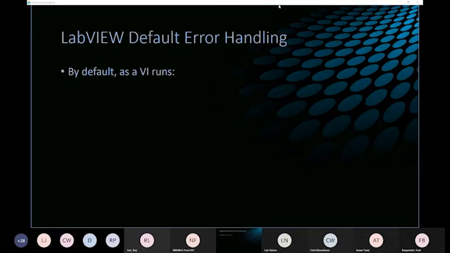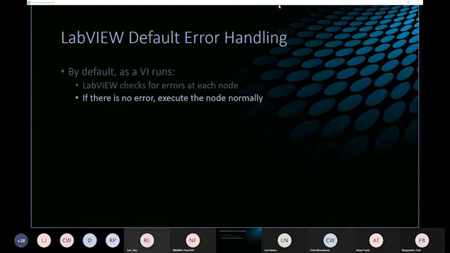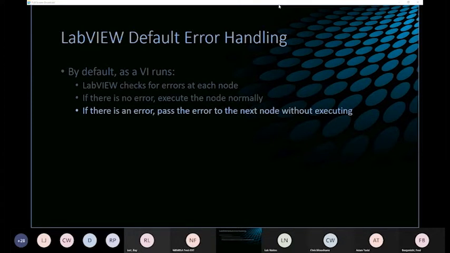So when we talk about LabVIEW's default error handling, anybody that's been using LabVIEW for a while probably already knows this, but the default behavior for many nodes in LabVIEW is that as your VI runs, LabVIEW is going to check for errors at each node, right? And if there's no error, the code executes normally. But if there is an error, we just pass the error to the next node without executing.